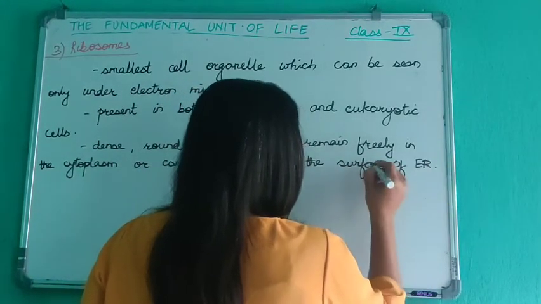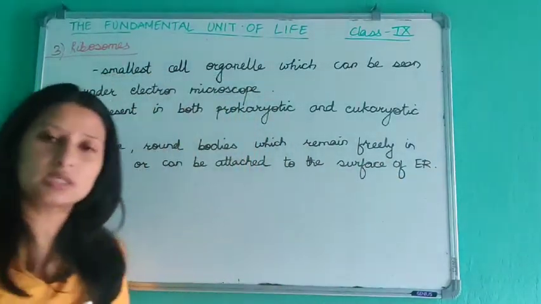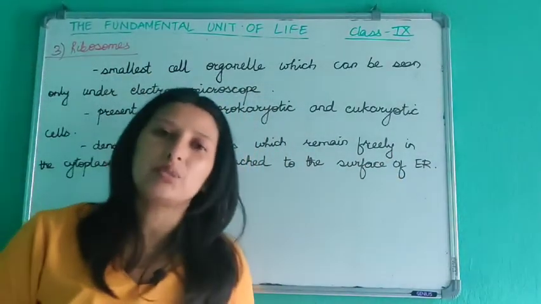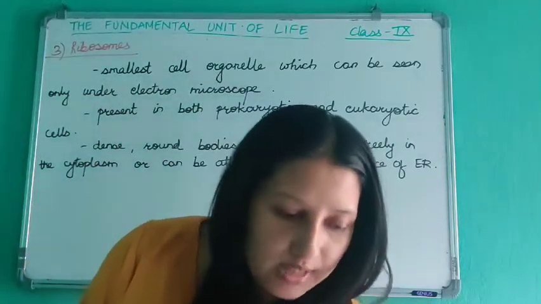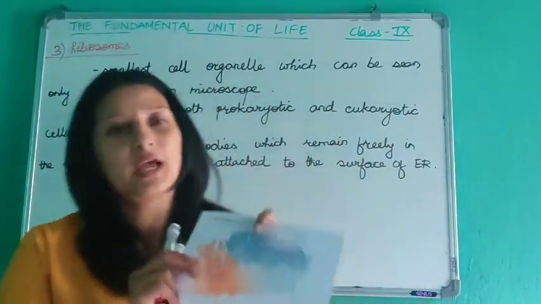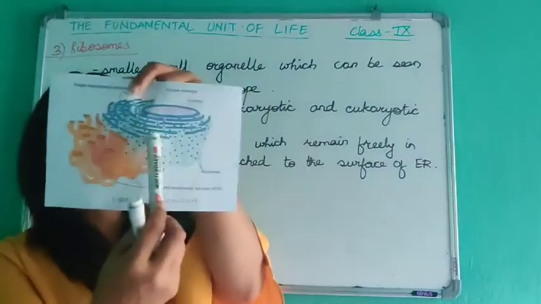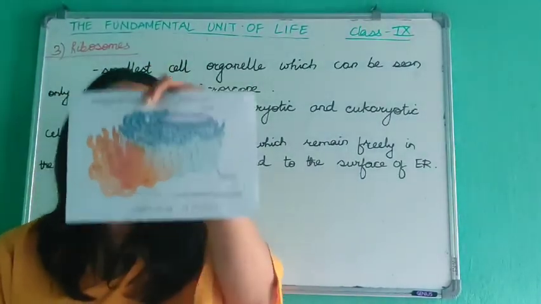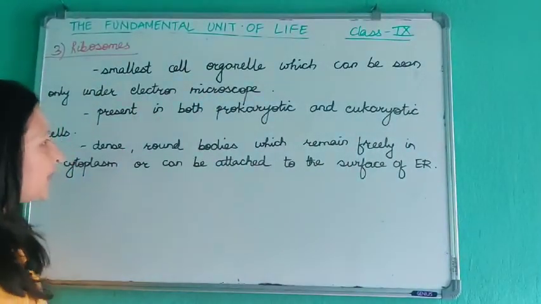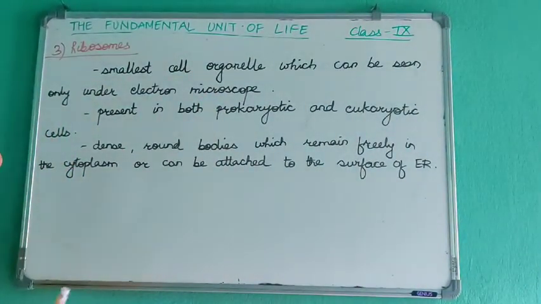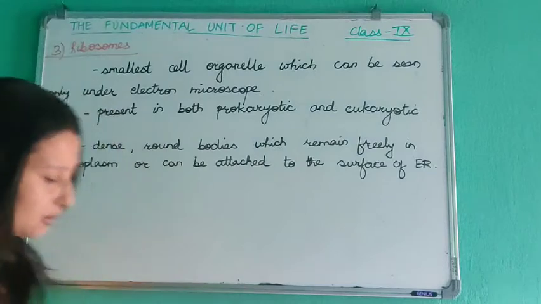So ribosomes कि त freely पनि exist गर्नु सक्छ in the cytoplasm, or it can be attached to the surface of endoplasmic reticulum. So when it is attached to the surface of endoplasmic reticulum, it is known as the rough endoplasmic reticulum.